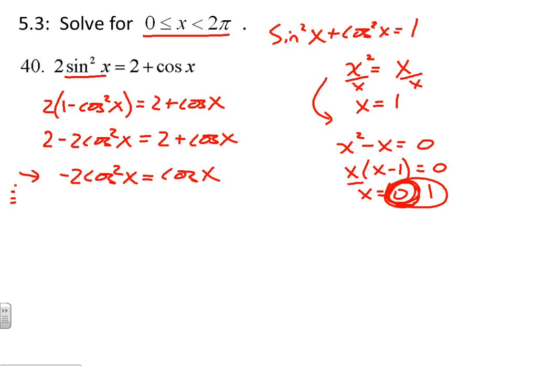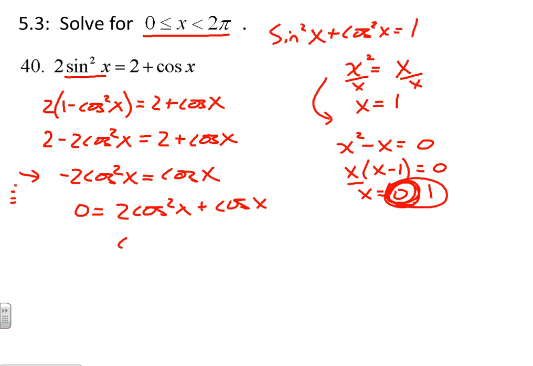Here's a really good general rule for solving trigonometric equations. If you are ever tempted to divide both sides by a trig function, it is better to group them on one side and then see if we can factor. So I'm going to go ahead and group everything on the right. 0 equals, I'm going to add 2 cosine squared of x to the right side.